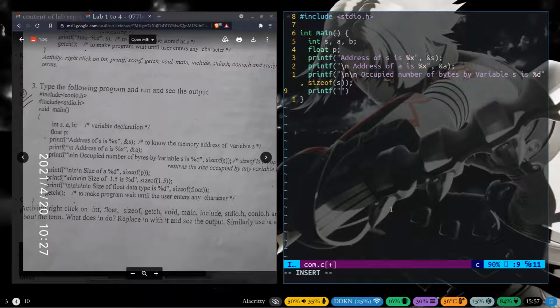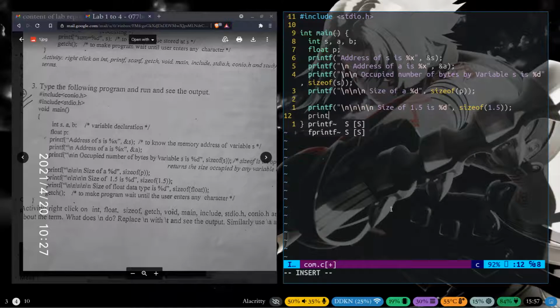Printf and sizeof, the size of b. Printf and size of 1.5 is the size of 5.